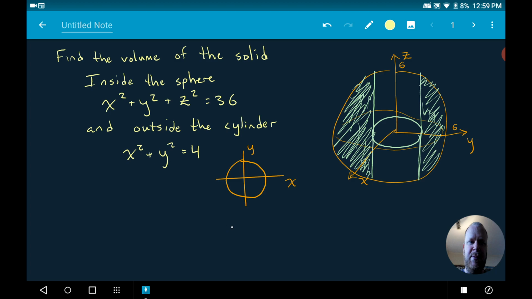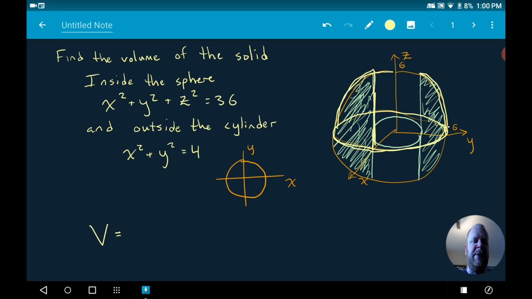So I guess I'll do this both ways so you can see different perspectives on this problem. We're just trying to find the volume. So one way to think about it is if I split this in half, then the volume of my solid is just going to be double this top part here.